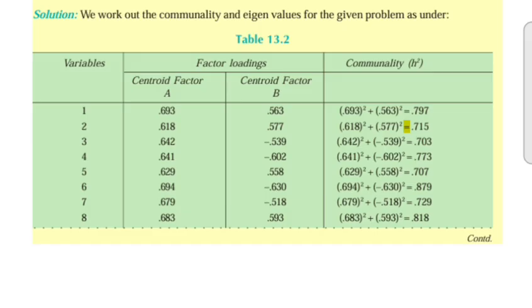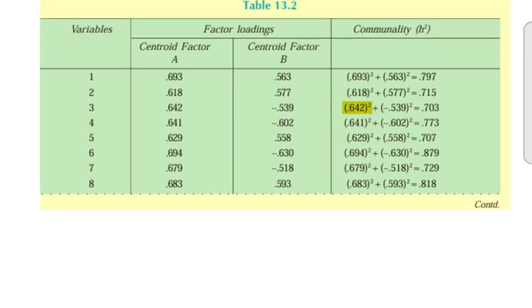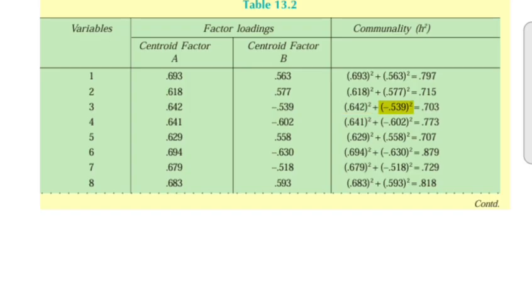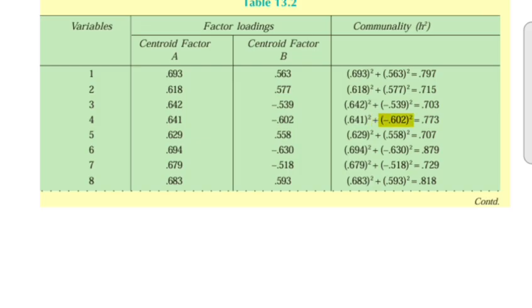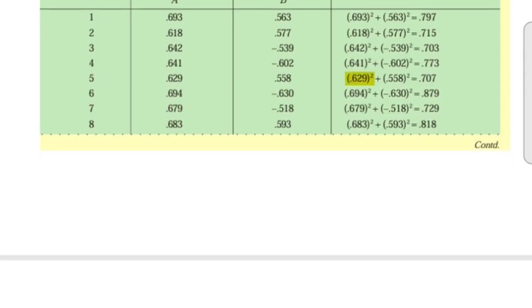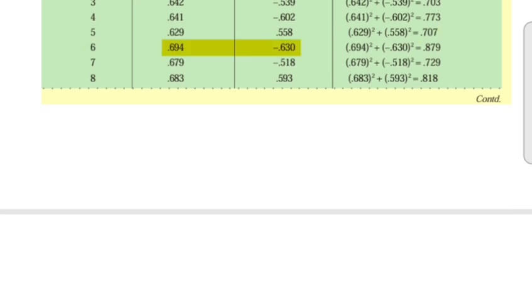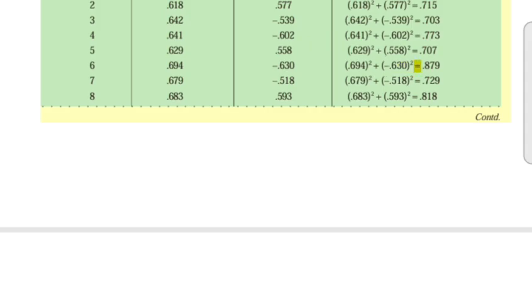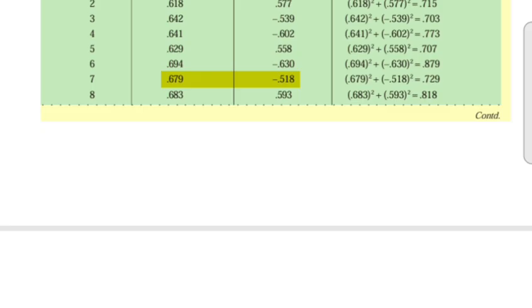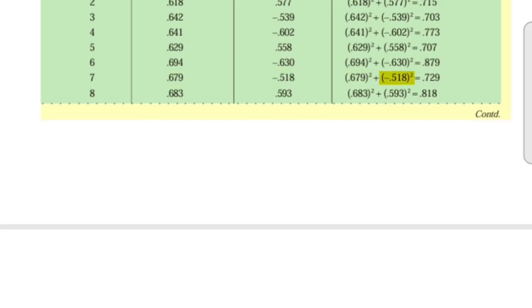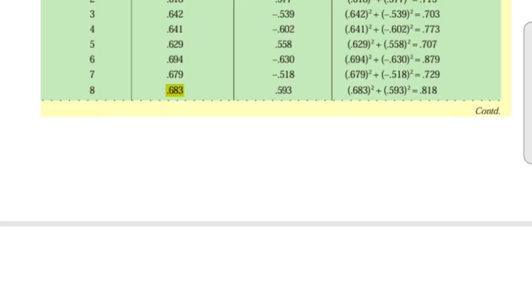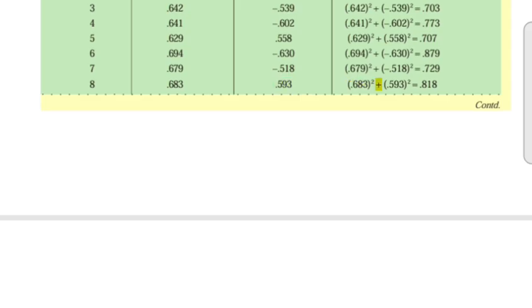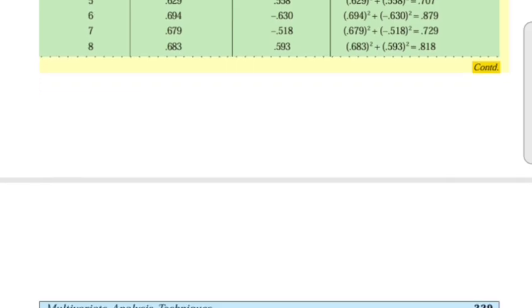Variable 2: 0.618 squared plus 0.577 squared equals 0.715. Variable 3: 0.642 squared plus minus 0.539 squared equals 0.703. Variable 4: 0.641 squared plus minus 0.602 squared equals 0.773. Variable 5: 0.629 squared plus 0.558 squared equals 0.707. Variable 6: 0.694 squared plus minus 0.630 squared equals 0.879. Variable 7: 0.679 squared plus minus 0.518 squared equals 0.729. Variable 8: 0.683 squared plus 0.593 squared equals 0.818.